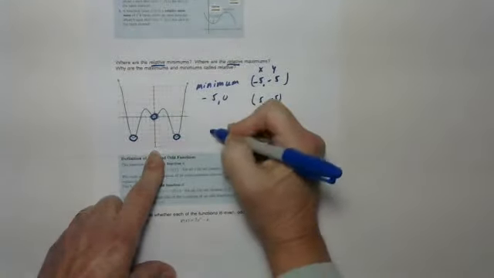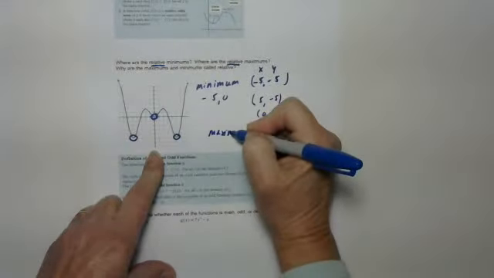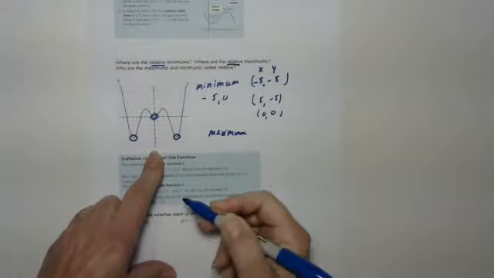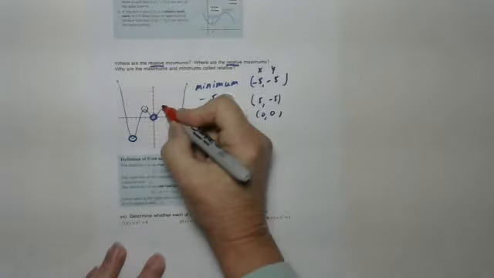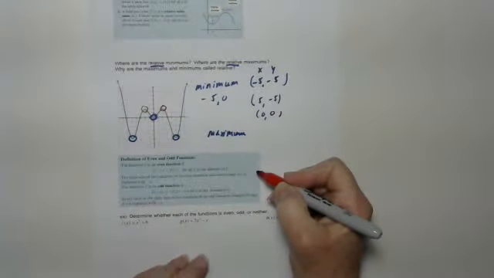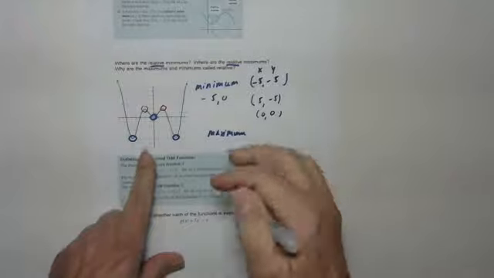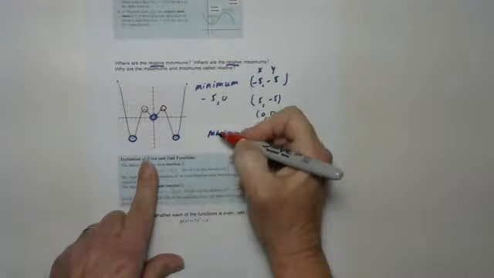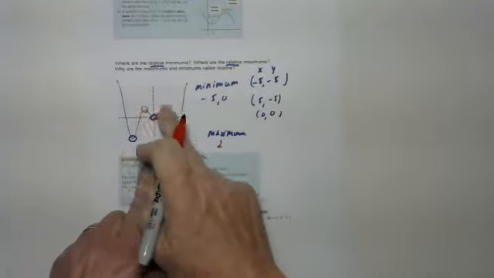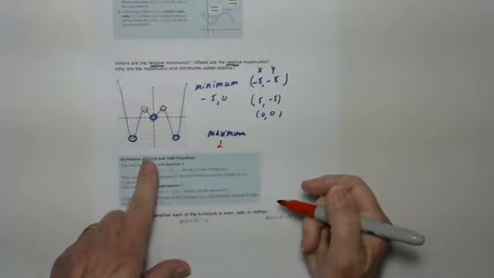In regards to relative maximums, we can see that at this point here we have a relative max, and at this point here a relative max. Identifying this, we can see that when y is 2, we have relative maximum values.